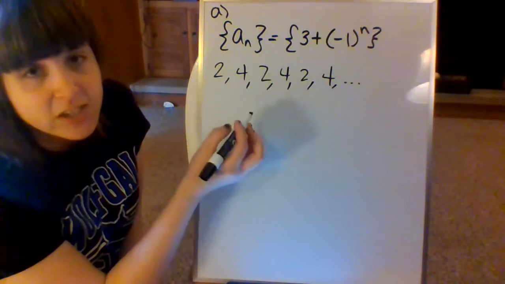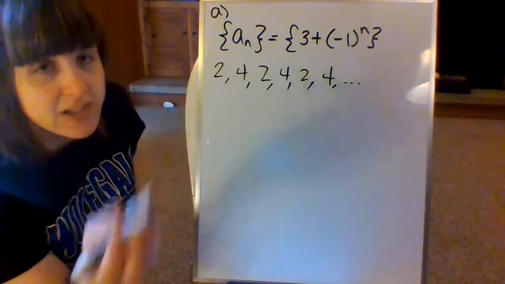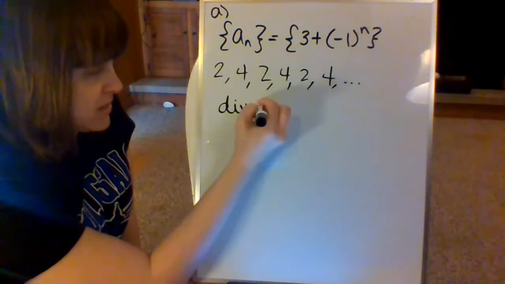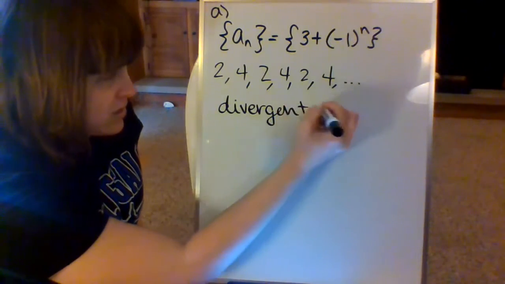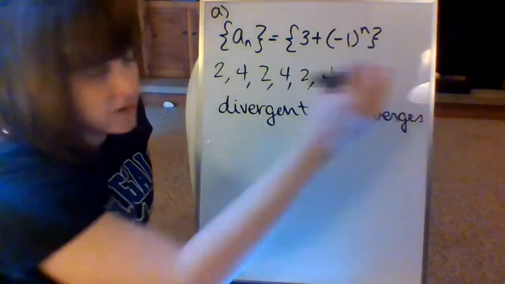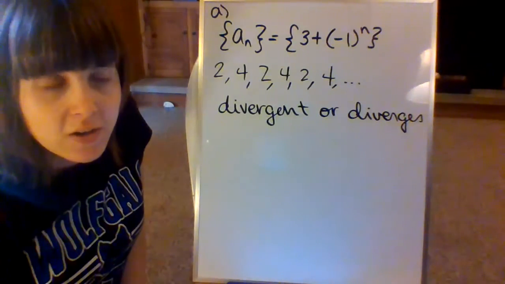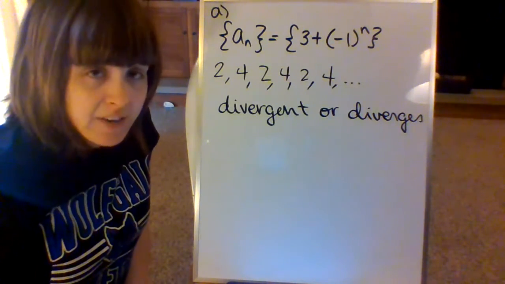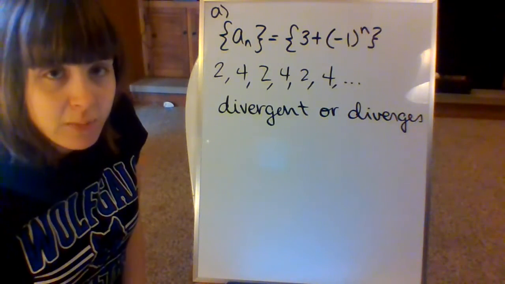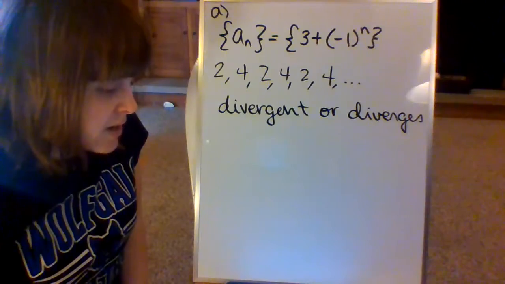Since this isn't going to have a limit, the limit does not exist, we're going to write that this is divergent, or it diverges. Because this didn't have a limit, it's divergent. Not like the movie, but you know.